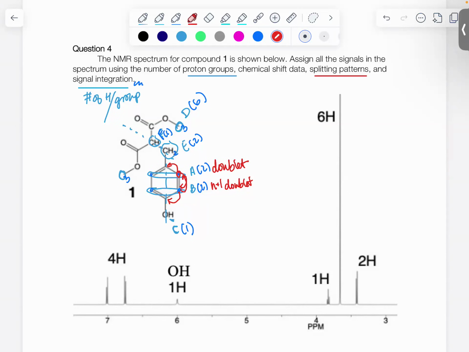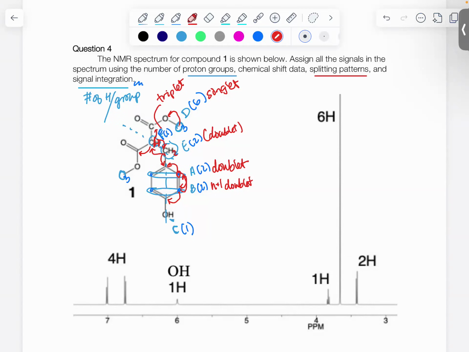CH2 and E, we have no neighbors this way, but we have 1 neighbor in F. That's also a doublet. With D, in both cases, our only neighbor is the oxygen, so that is a singlet. And then with F, we have no neighbors with either of those carbonyls, but we do have 2 neighbors with E, and so n plus 1, we would expect to see a triplet.